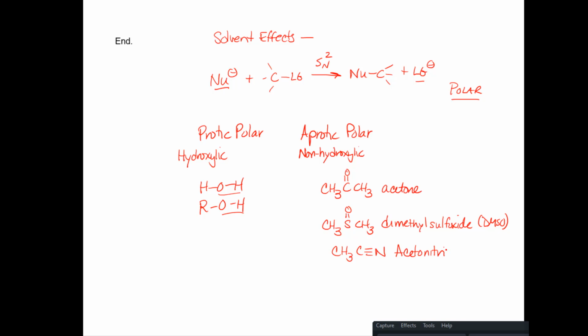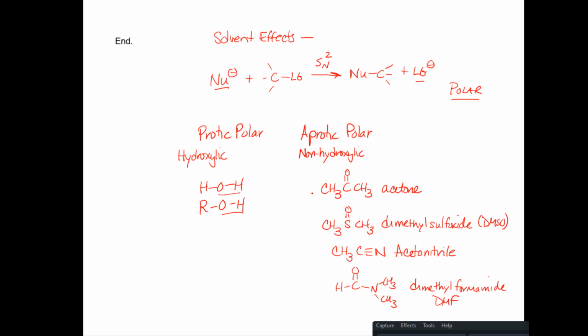Another one that's commonly used is this molecule, which is called dimethylformamide, abbreviated DMF.